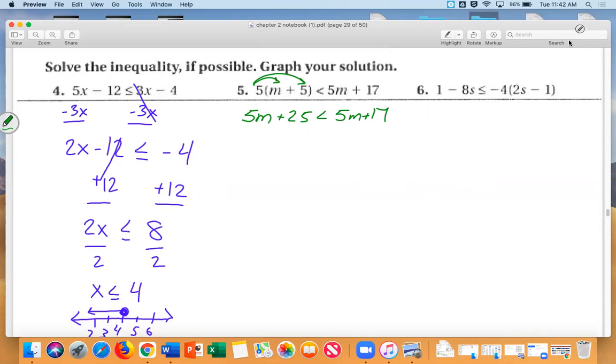Subtract it. So let's subtract it. And I have 25 is less than 17. Is that true or false, Mike? That is true. 25 is less than 17? Oh, I thought... Nope, that's not true. Not true. So this is no solution.